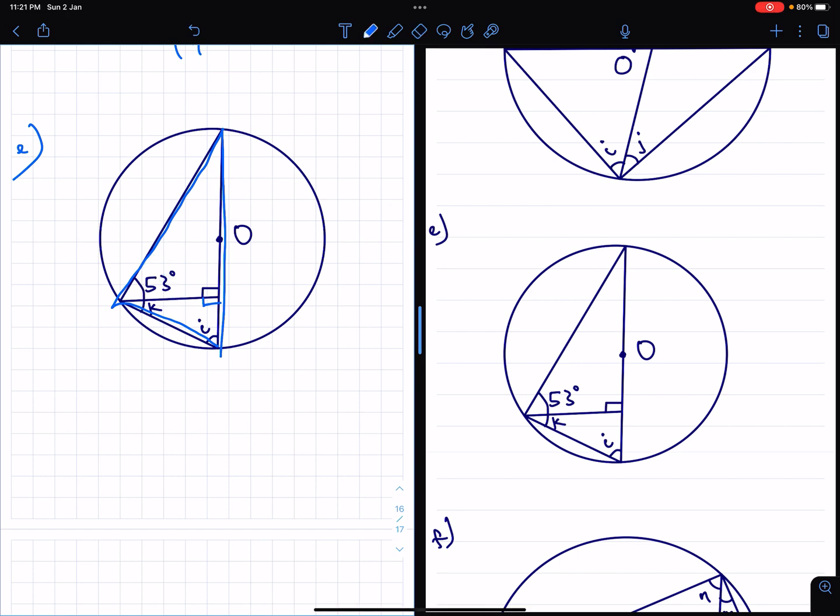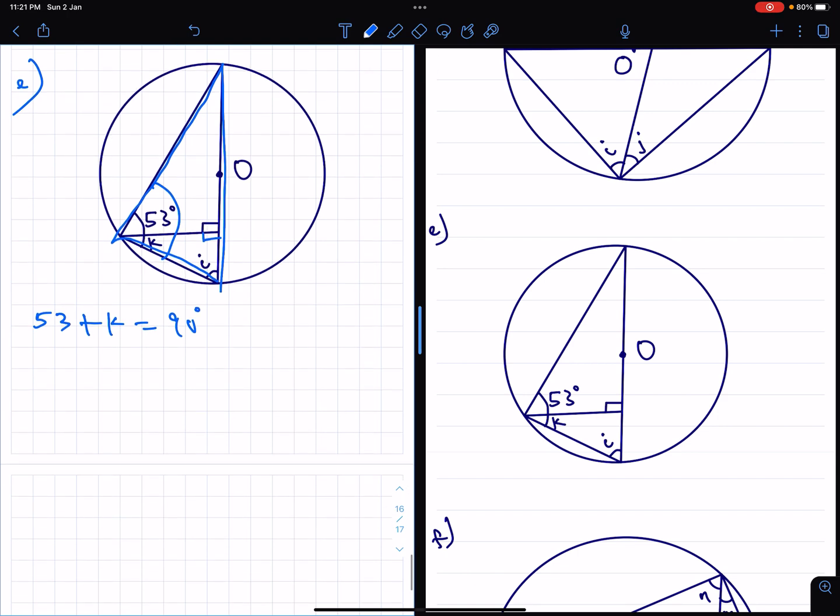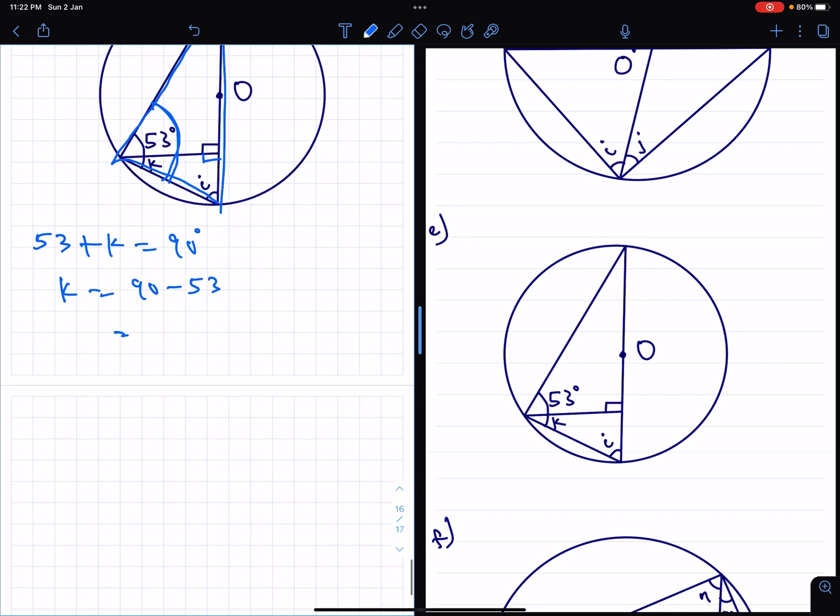Angle in a semicircle is a right angle. So k is 90 minus 53, and that's equal to 37 degrees.